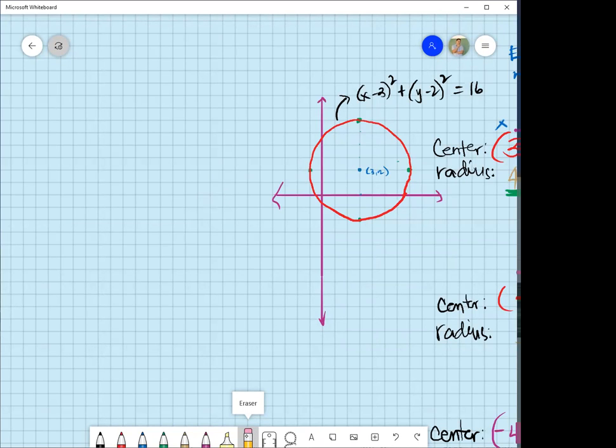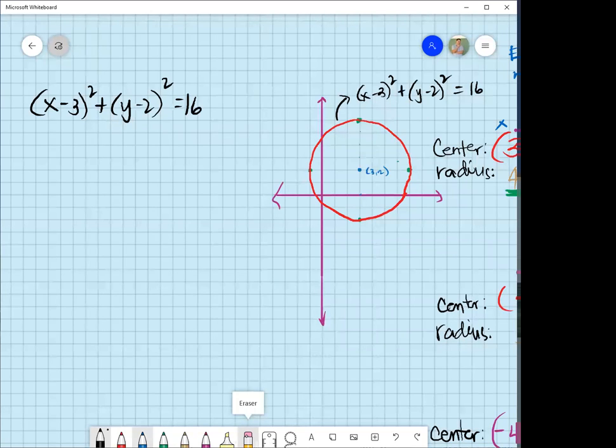Okay, let's try this. Here, we will be expanding our equation, x minus 3 quantity squared plus y minus 2 quantity squared is equal to 16.